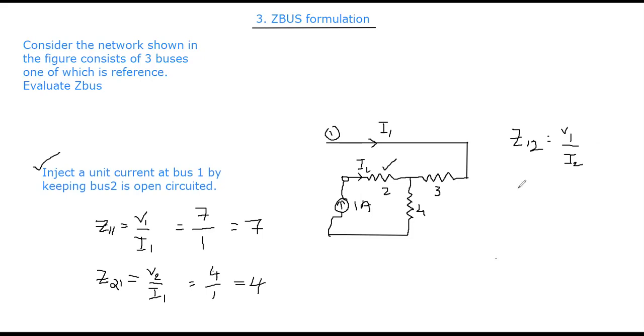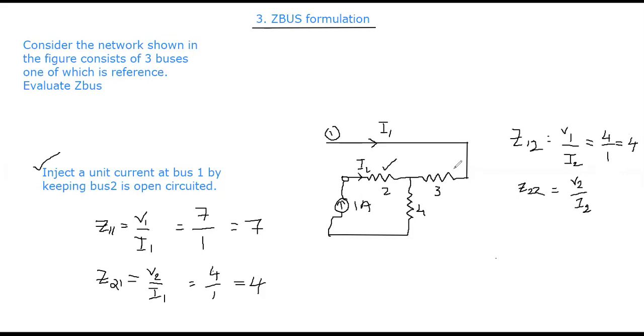Z12 is equal to V1 by I2, and similarly Z22 is equal to V2 by I2. Now, what is V1? V1 is equal to 4 by I2 equal to 1, which is equal to 4.